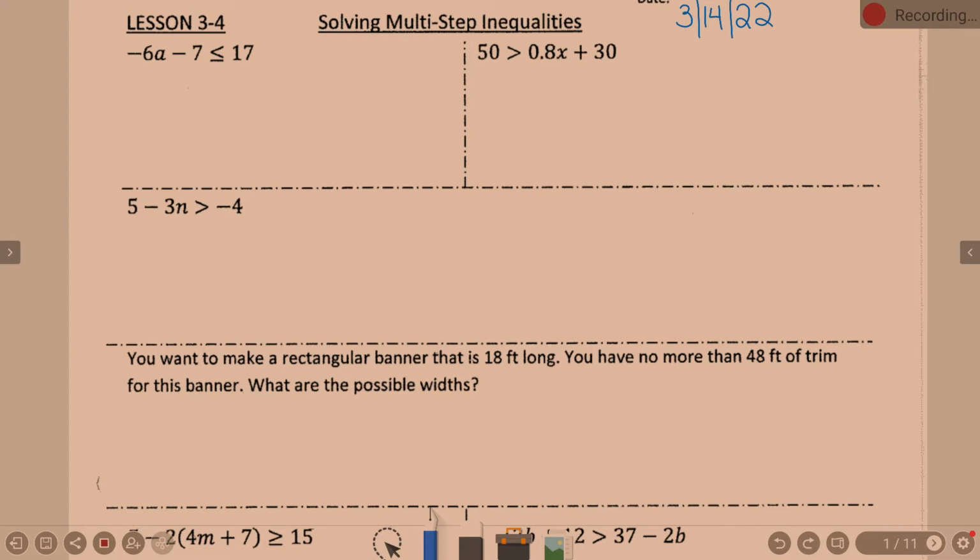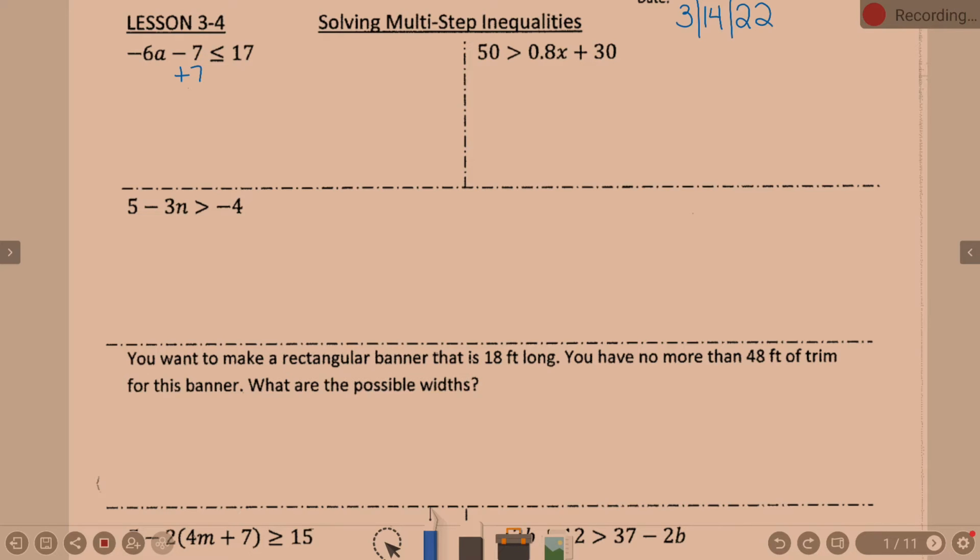Negative 6a minus 7 less than or equal to 17. So my question is, on a problem like this, what's the first thing I have to do here? If it's negative 6a minus 7, we want to do the opposite of subtracting 7, and we want to add 7.